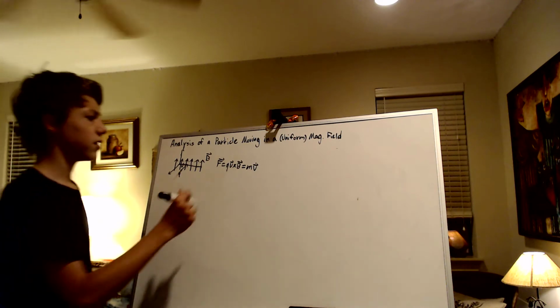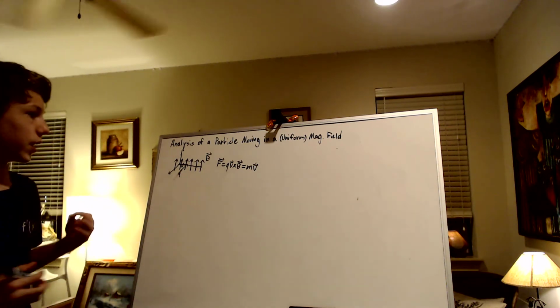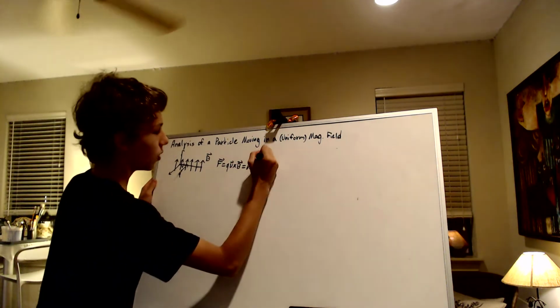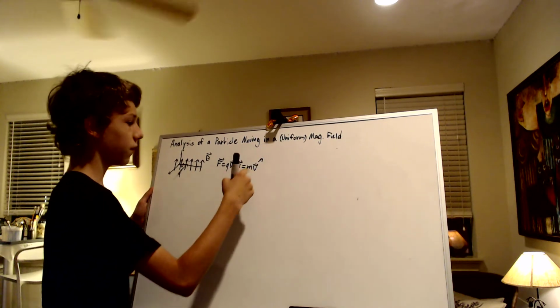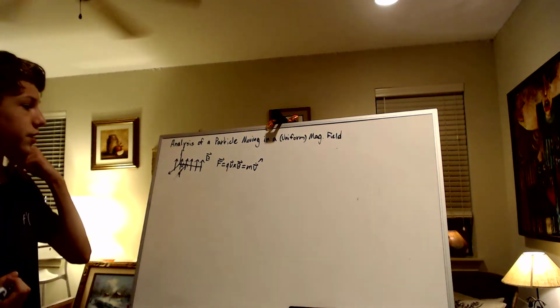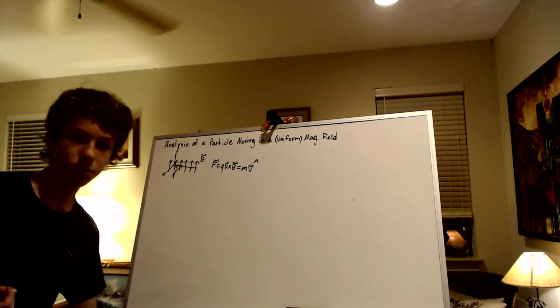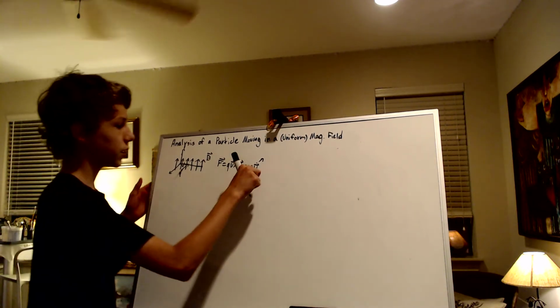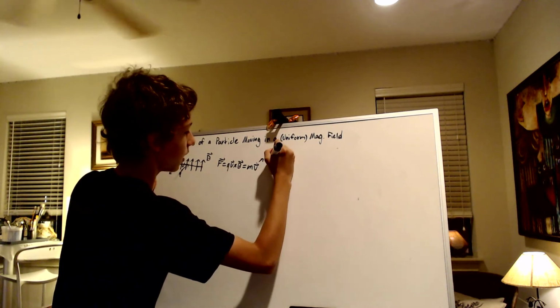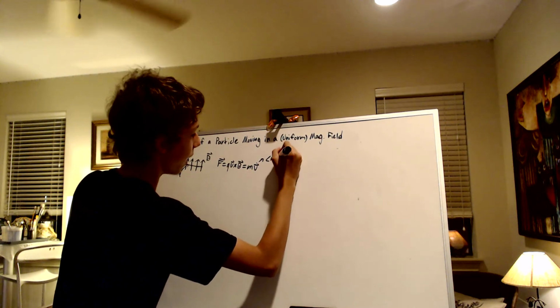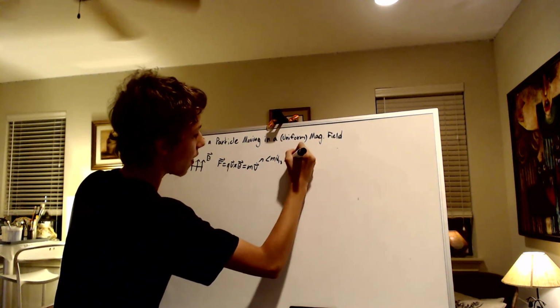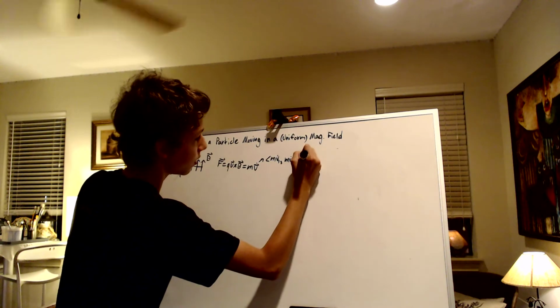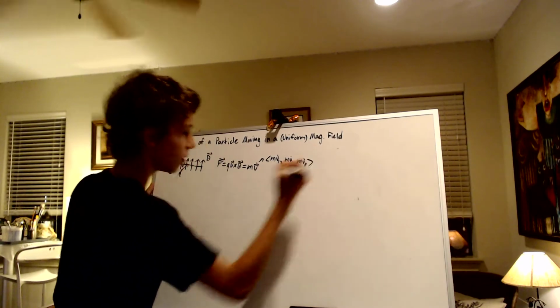To solve this, let's just solve it component-wise. So we note that this part is trivial if we consider the components of v to be v1, v2, v3. We can quickly resolve this into its components, and we find that it's just going to be mv1 dot, mv2 dot, and mv3 dot.